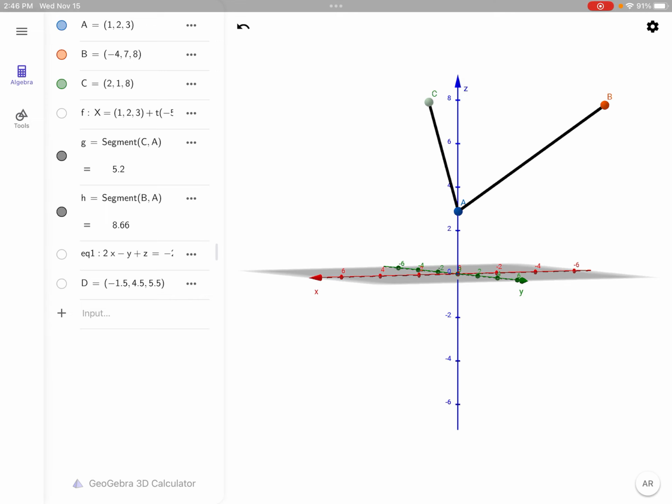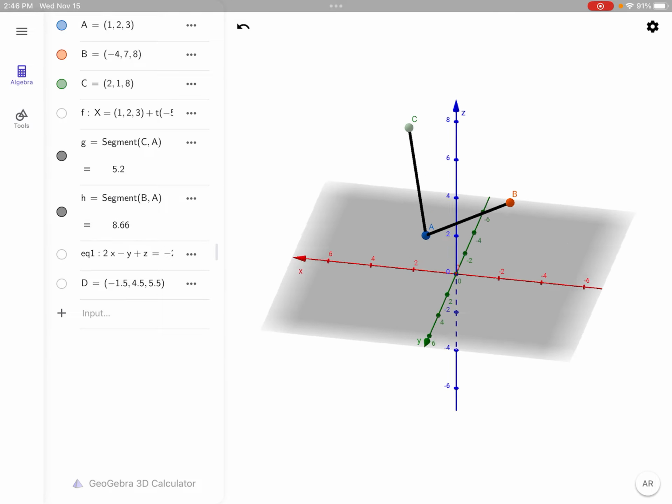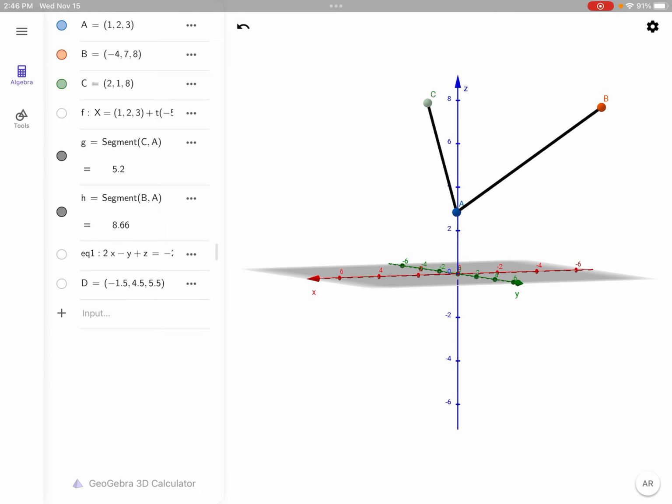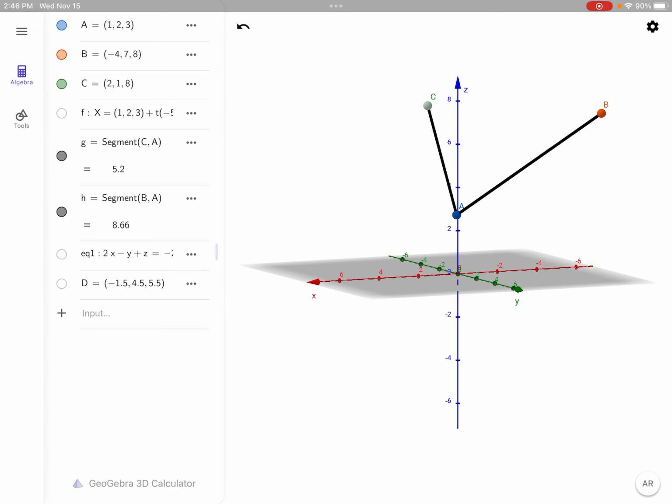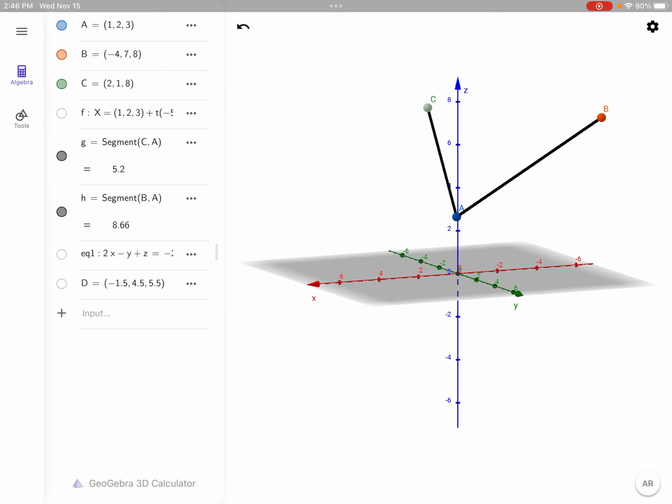Because if the segment from A to C lined up with the z-axis, that would move the A to B down a little bit, but not very much. So I'm thinking maybe around 80 degrees. That's my estimate. And then also when I do that over here on the left, it says the segment from A to B is an 8.66.